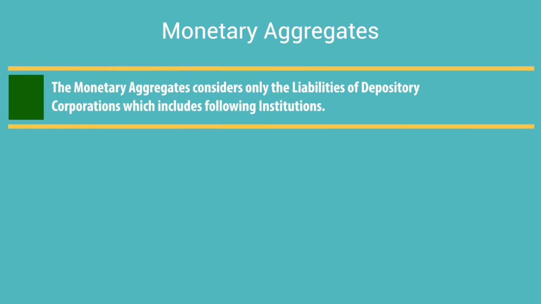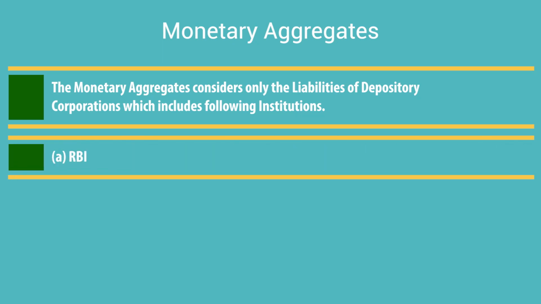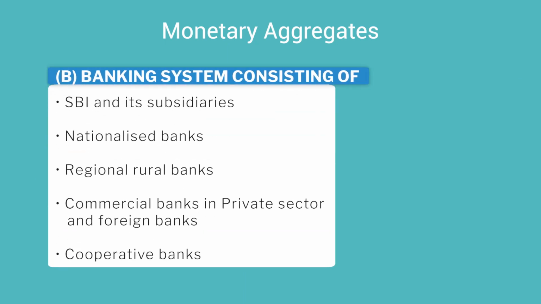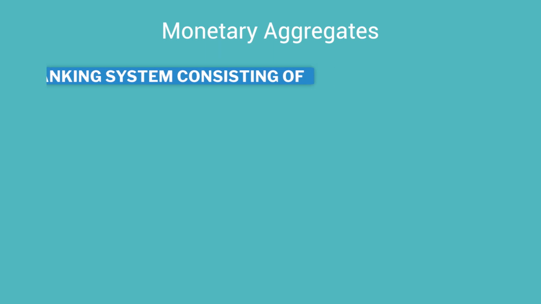If we look at the monetary aggregates, we find that the monetary aggregates consider only the liabilities of the depository corporations, which includes the following institutions which can take deposits, like the RBI, the banking systems consisting of obviously SBI, the State Bank of India and its subsidiaries, all the nationalized banks, the regional rural banks, the commercial banks in the private sector, like we have the HDFC and the Axis banks and the ICICI banks and various other foreign banks, and the 5th are the cooperative banks.